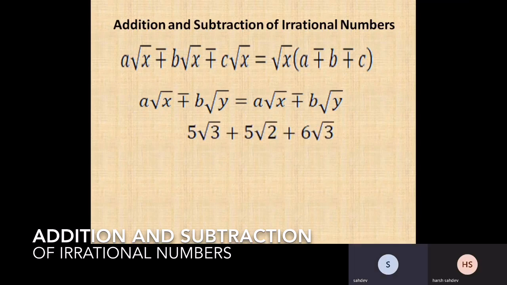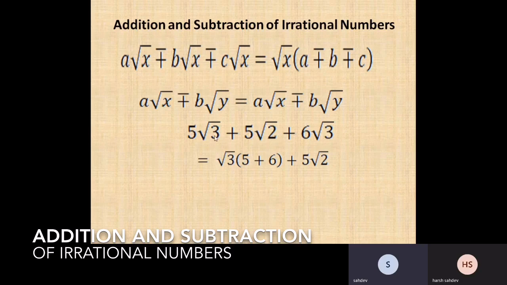Next, let's take an example. 5 under root 3 plus 5 under root 2 plus 6 under root 3. These are three terms. Under root 3 is common in two terms, 5 under root 3 and 6 under root 3.